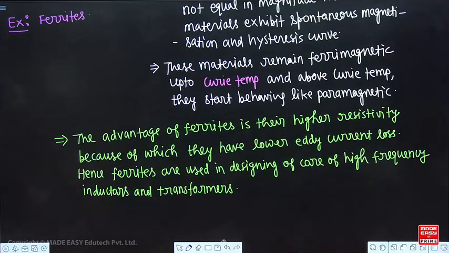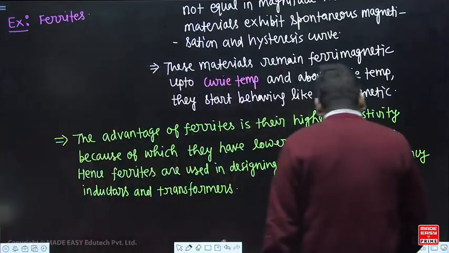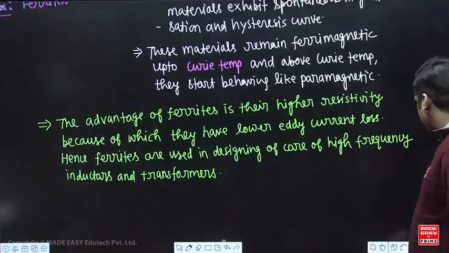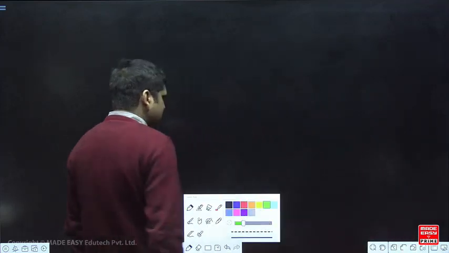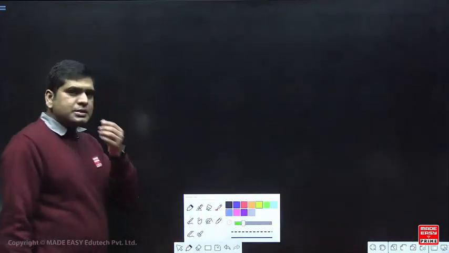Done? Right. Next. So, these were the 5 classifications of the magnetic materials based upon presence of dipoles and their orientation. We can classify magnetic materials in another way.